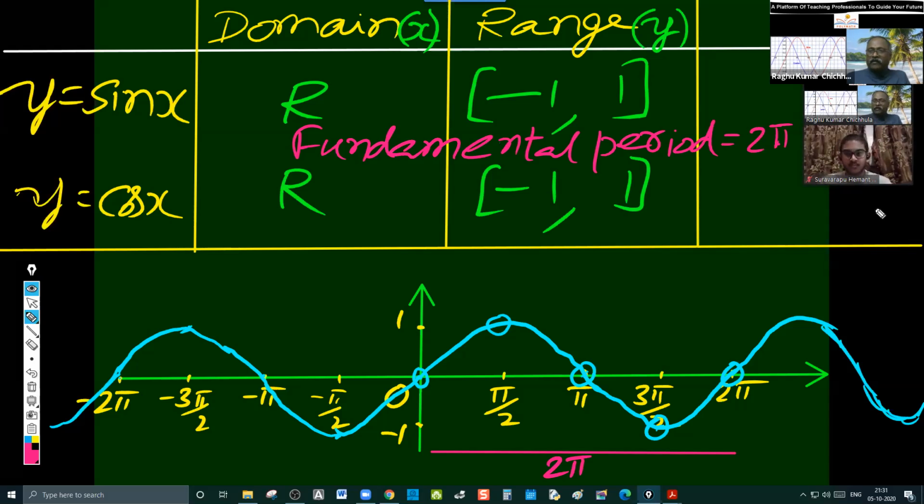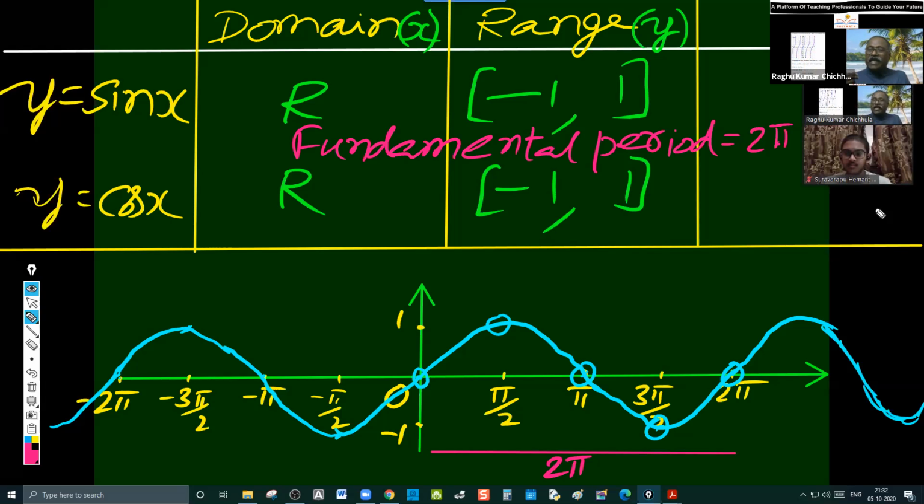Periodically repeated. If you take the moon, the moon also increases and decreases. The period is 14 days, in fact. Whatever the lunar calendar is, the English calendar is not perfect. According to the Indian calendar, there are 28 phases for the moon, in fact. So 14 days is the period of the moon.